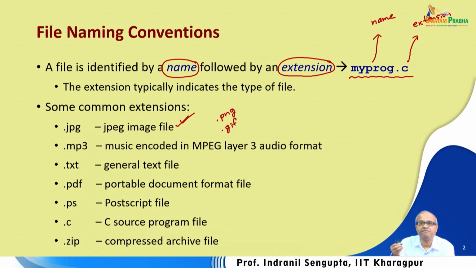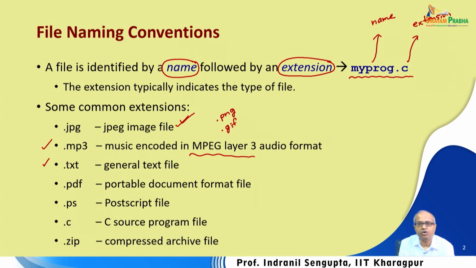These are also different formats of storing images. Then when you want to store some audio files, some music, MP3 is a very popular format, and MP3 stands for MPEG layer 3 audio format.